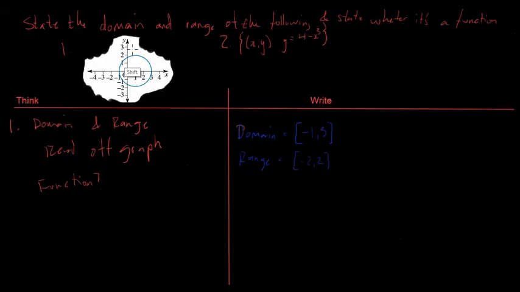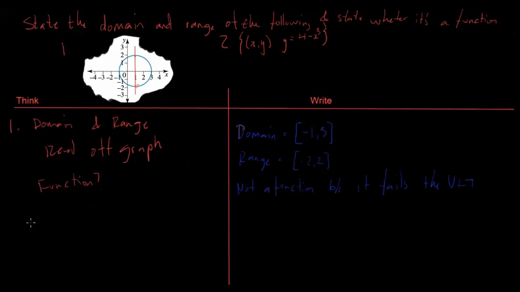So if we go back up to this graph and draw a vertical line, it's going to cut the graph once here, twice here, and because it cuts more than once, it is not a function. What I would do to express that is write not a function, because it fails the VLT, vertical line test.